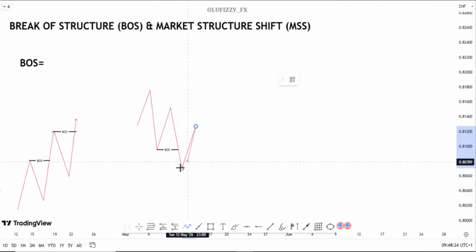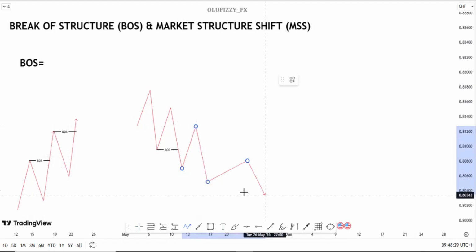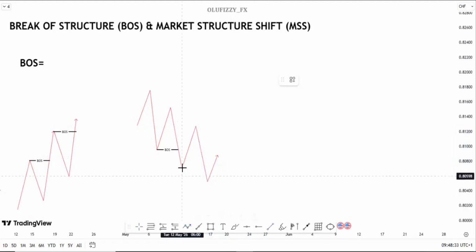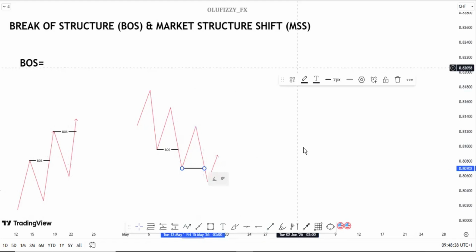When price takes out this low to create this lower low, that is what we know as break of structure to the downside, because price broke the previous low to create a new low.